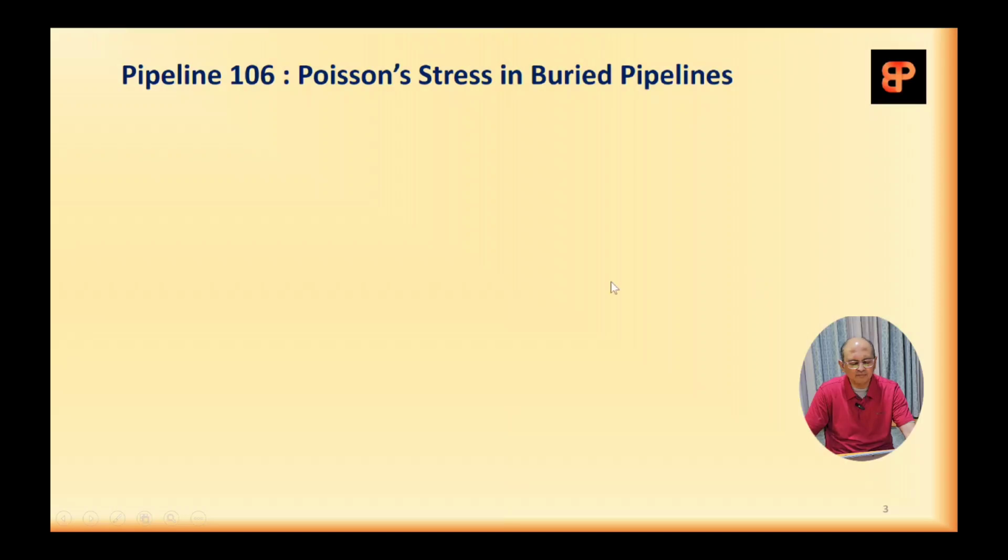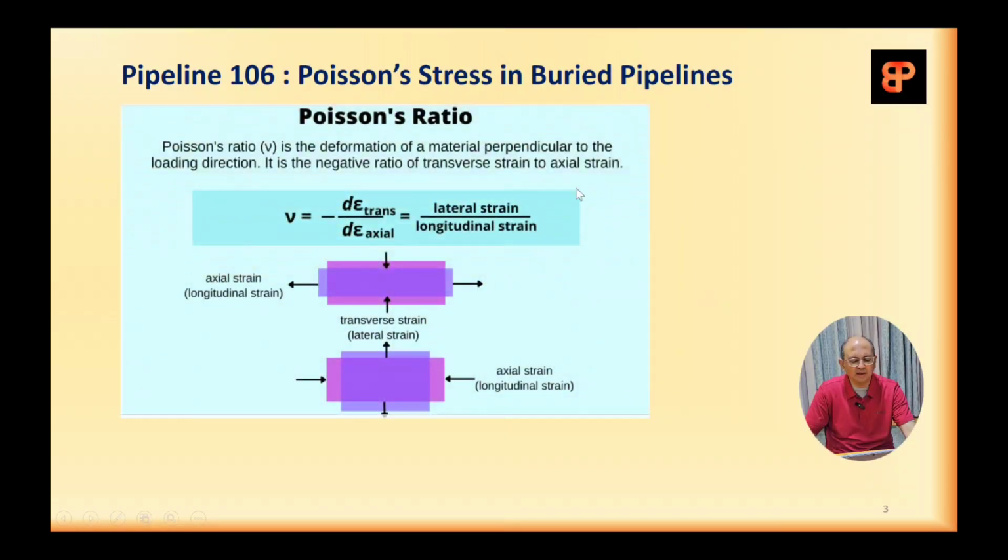Now let us see the theoretical part of it. Poisson's ratio is the deformation of a material perpendicular to the loading direction. It is the negative ratio of transverse strain to axial strain. This particular case belongs to our pipeline case, which I have explained earlier.